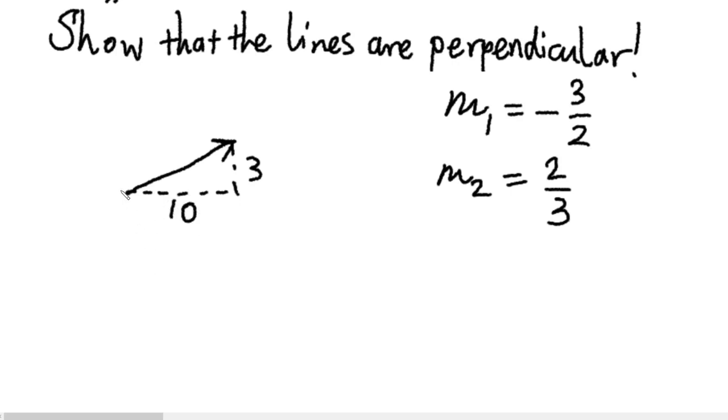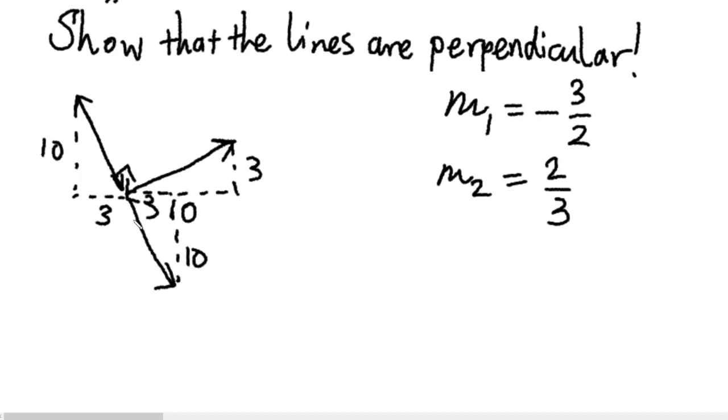Well, firstly, either you would need a line that goes left 3 spaces for every 10 spaces up, or it goes right 3 spaces for every 10 spaces down. And either way, this is just one line. We're looking for just one gradient of this line.